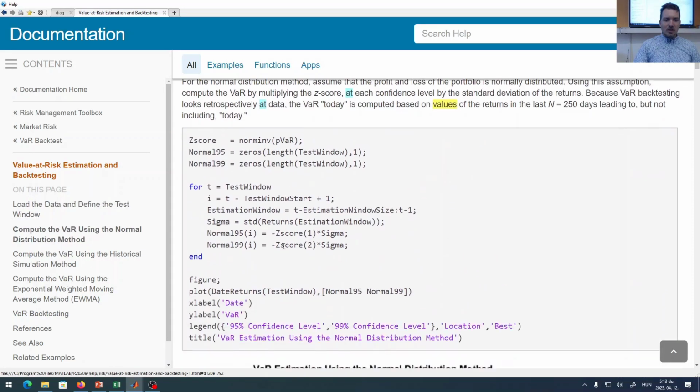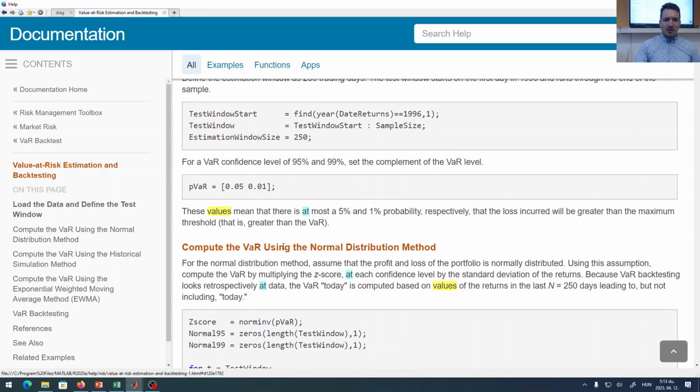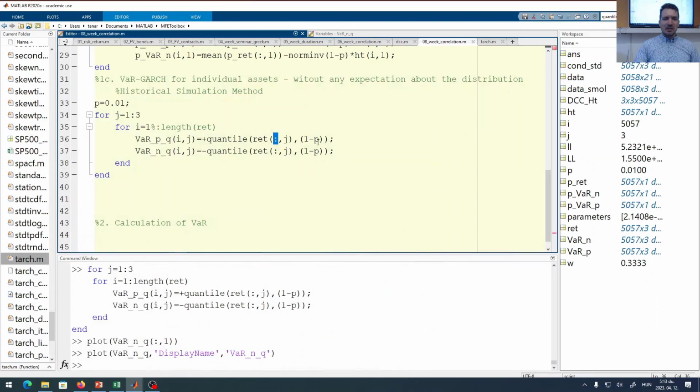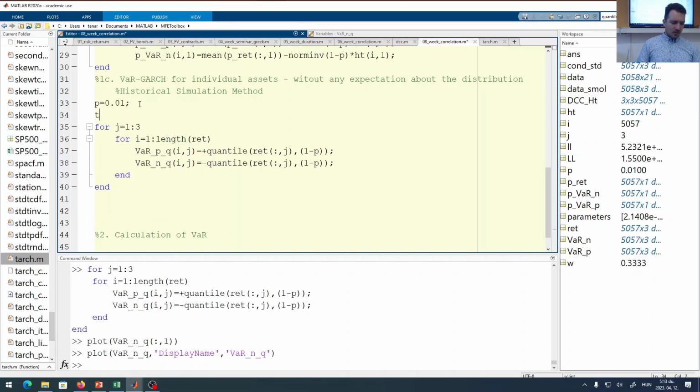Okay, so how was it defined? Estimation window size 250, which is practically a year in trading days. But we have a lot of days. So T equals 140.